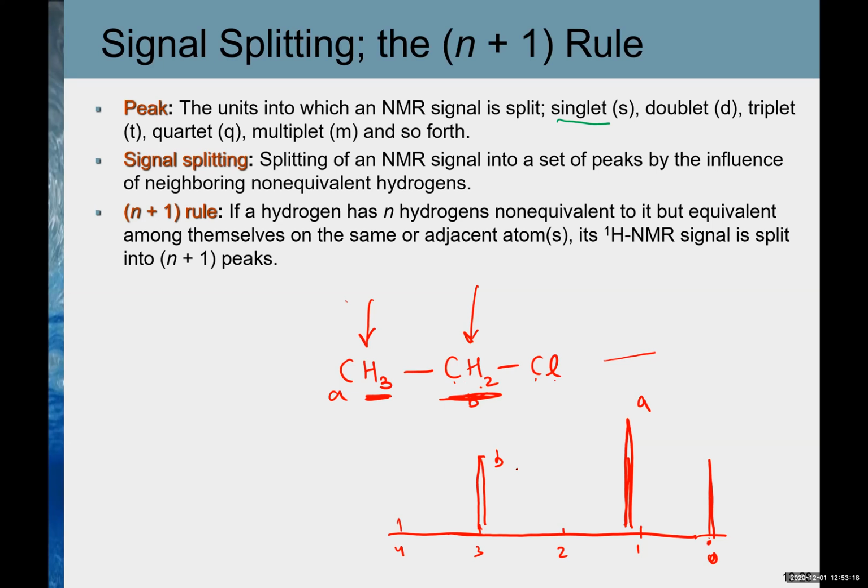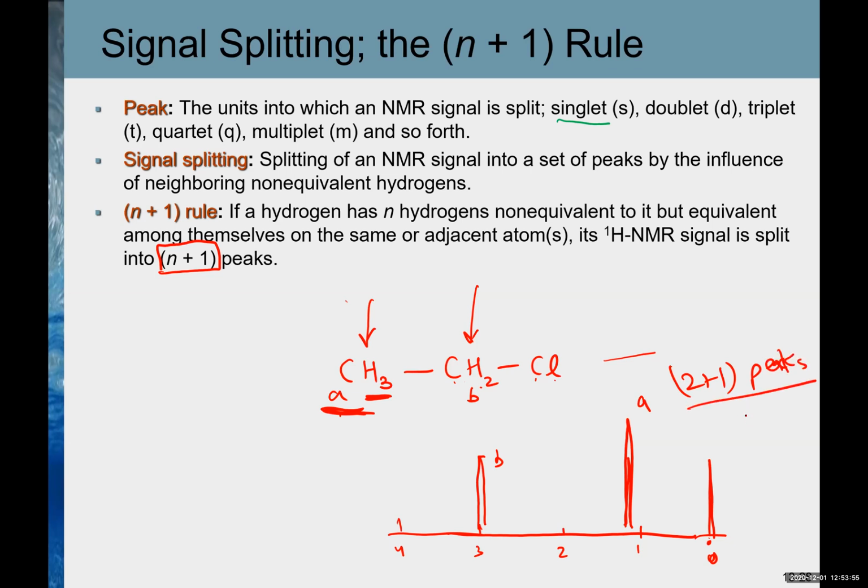Now, although I have plotted these as single peaks, actually it's not going to be a single peak. Signal A, which is here, how many protons are present on the neighboring carbon to signal A? 2. So it is the n plus 1 rule. It means signal A will split into 2 plus 1 peaks.